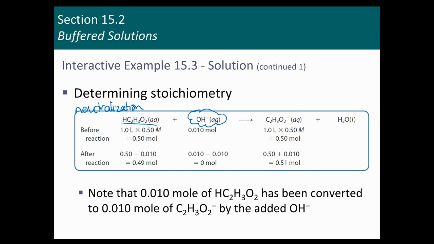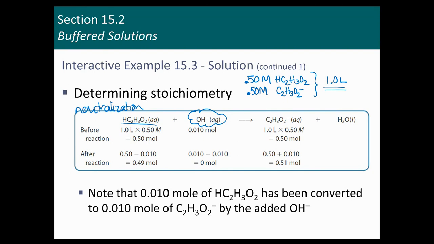The question was that we had 0.5 molar acetic acid and 0.5 molar acetate in a buffer, and we had 1 liter of it.